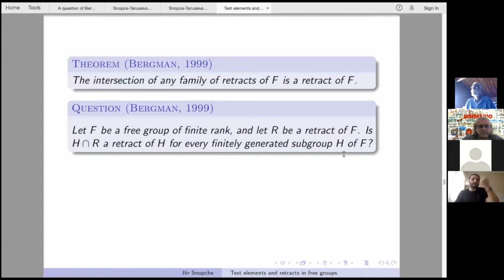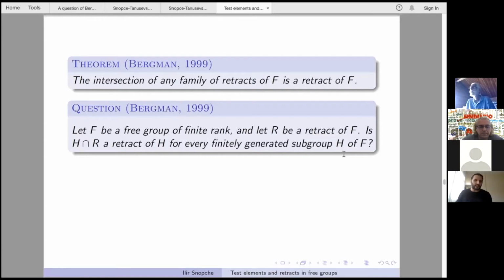We take a retract of F, and if you intersect this retract with any other subgroup, is this intersection a retract of this subgroup? In the case of free factors, this is true, and it's not a difficult result. But here it was not known. This question is very interesting in its own right, and if the answer is positive, then it might have some important immediate implications.